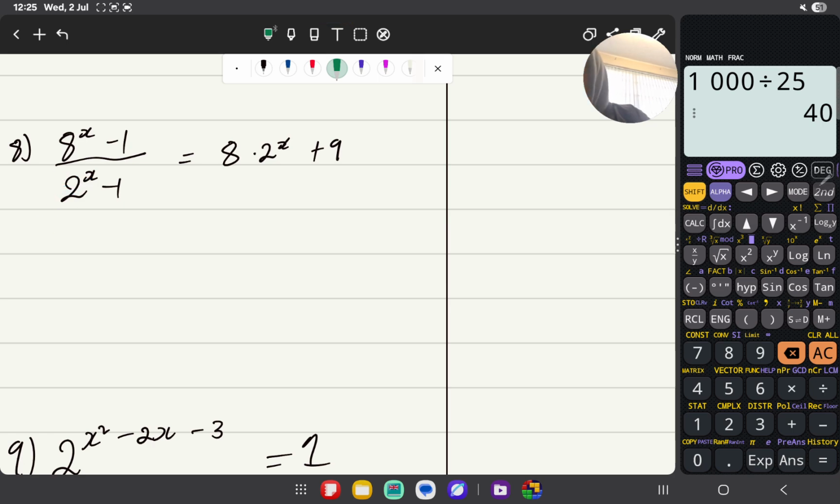We have something beautiful here. Let's see. Okay, I have 2 to the power of 3x minus 1. I have 2 to the power of x minus 1 equals, I have 2 to the power of 3.